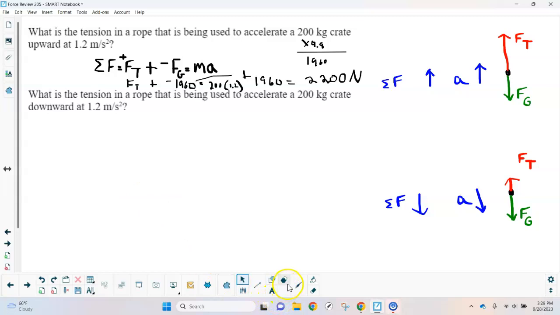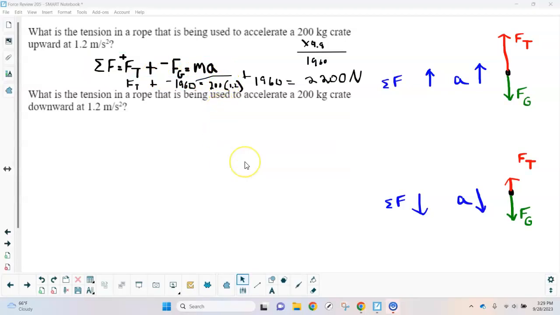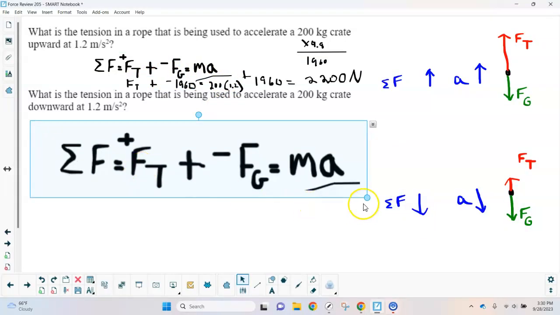So basically the same equation here. I'm just going to take a picture of that because it's the exact same. Let me move it back over here and shrink it a little bit.